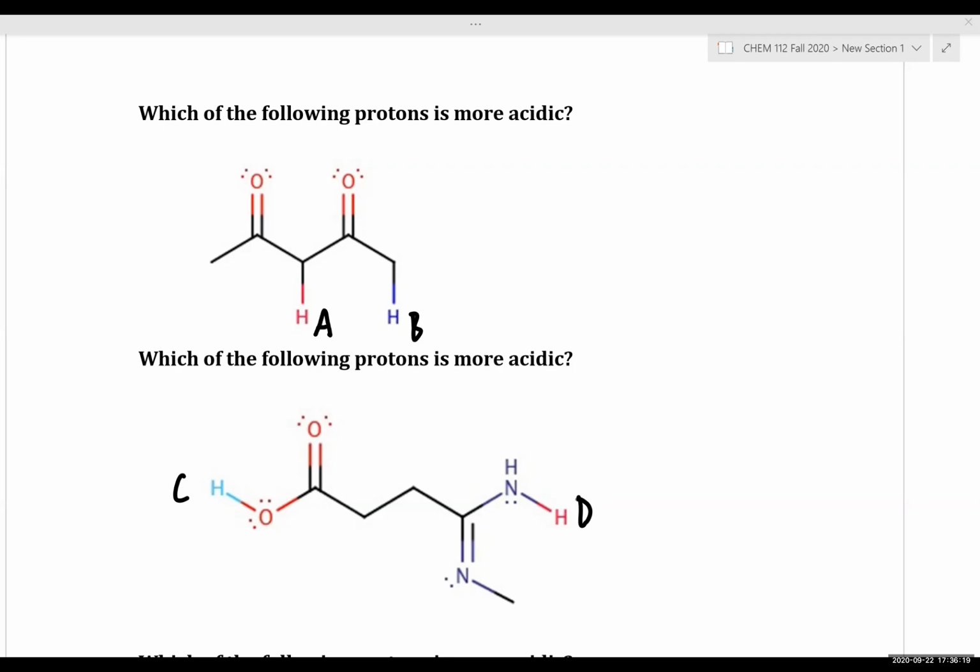So we have a proposal for A and D on the basis of resonance effects. And I would consider for the second question whether proton C, when it is removed, whether that anion can experience resonance delocalization. So let's keep working on these examples. So it's good that we have not only a proposal, but a logical reason for why each of these protons is more acidic.